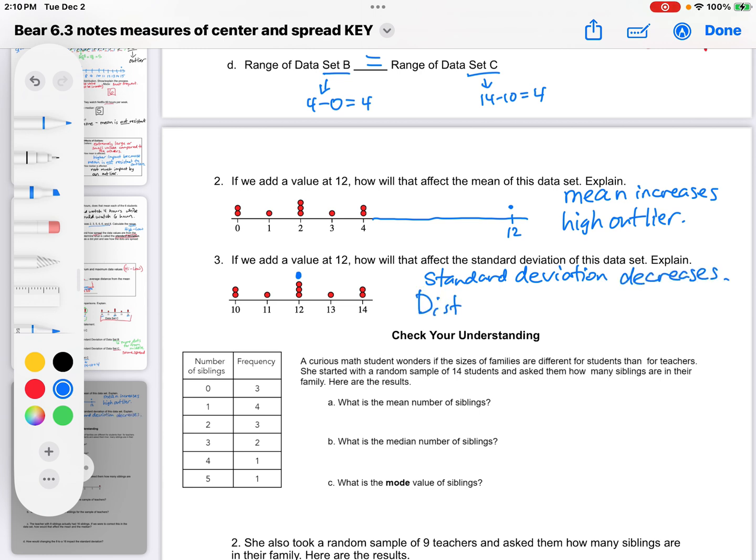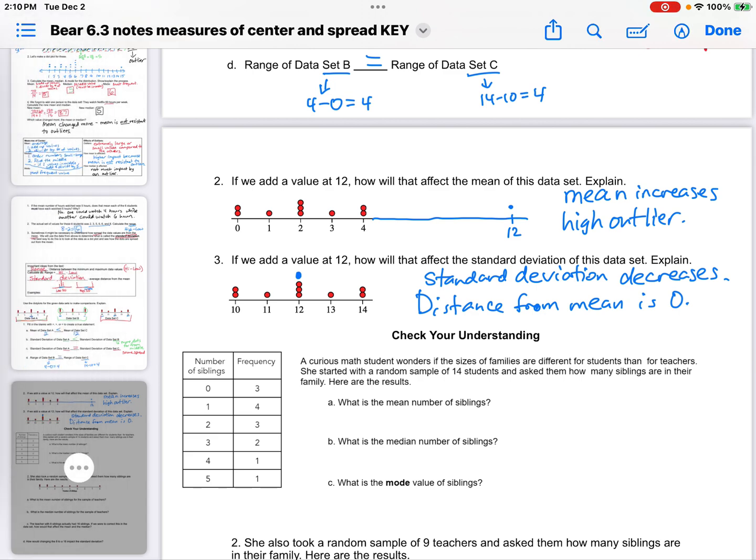Its distance from the mean is 0. So that's one more data value, but it's not any further from the mean. Therefore, it must decrease the standard deviation. We have even less dots far away from the middle.